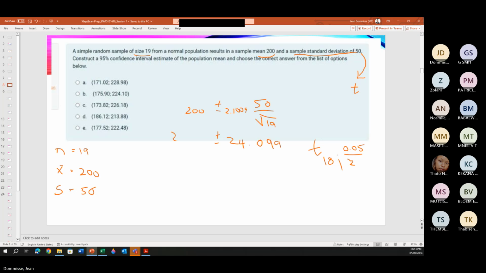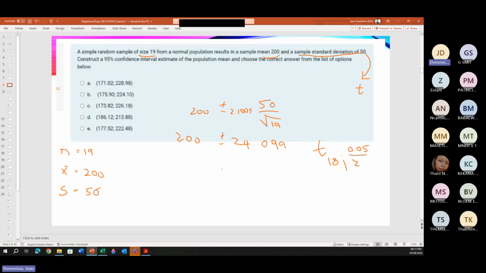Okay, so again, probably going to round it off a bit so that the top one is 224.10. That is, then the bottom one will be 275.9.